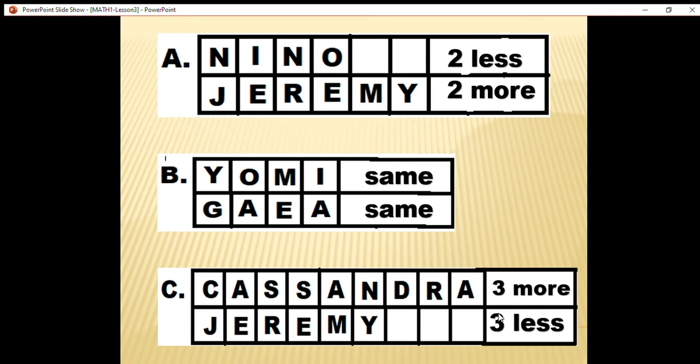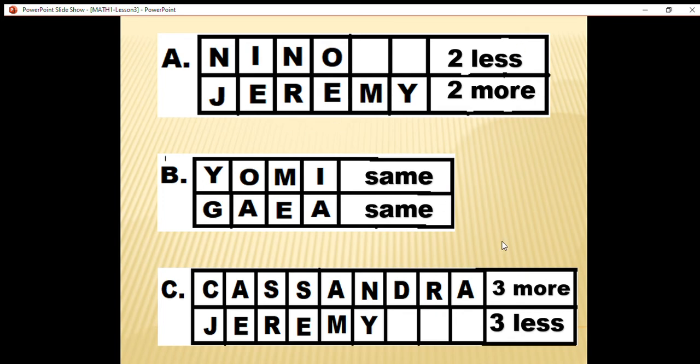How did you find the answer? Okay, in order for us to find the answer, we need to line up the letters of the names so that each letter matches a letter in the other name, as we did in our table.